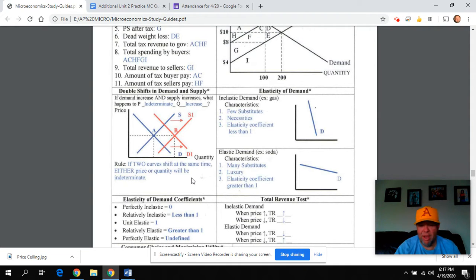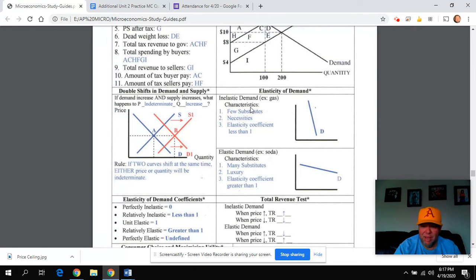If we move both graphs at the same time, we will know one of the two things, but one will be indeterminate. It just depends on which thing they did. So this says if demand increases and supply increases, so we shifted both curves to the right, then the only thing we know for sure is there's going to be more quantity. We don't know what the price is going to do.